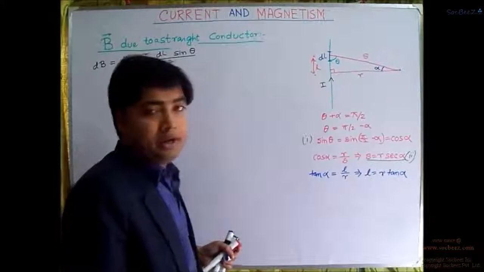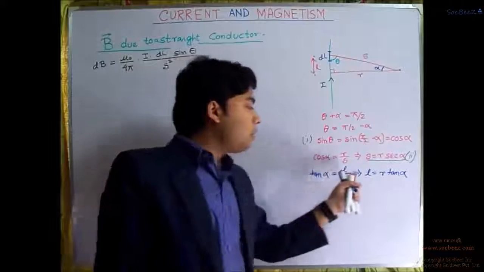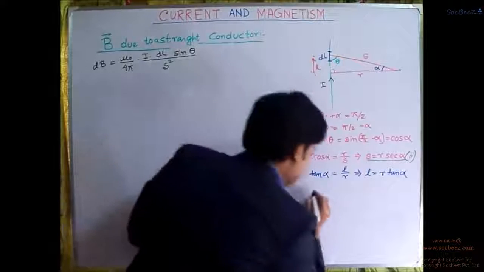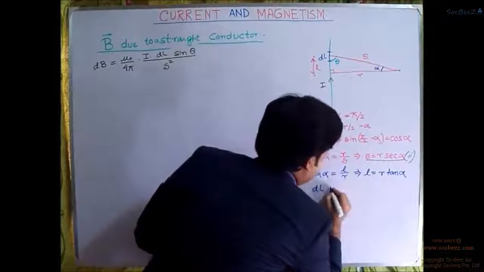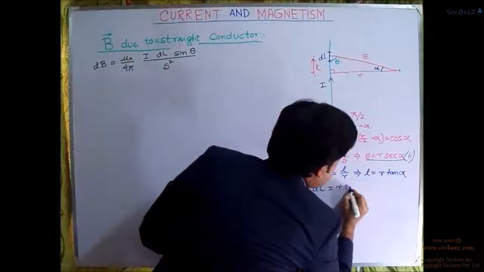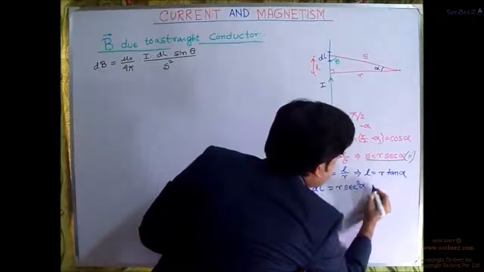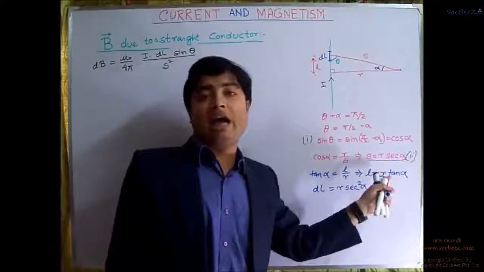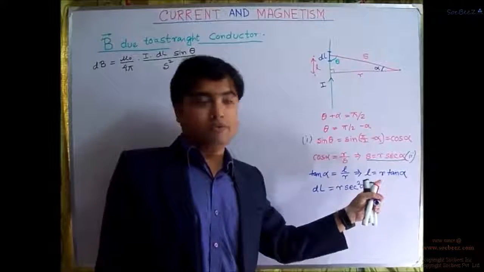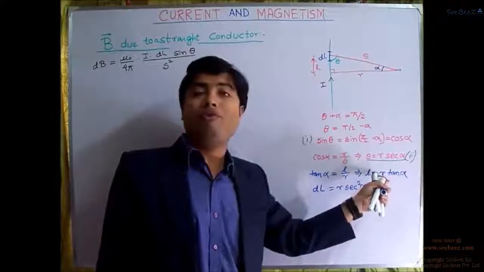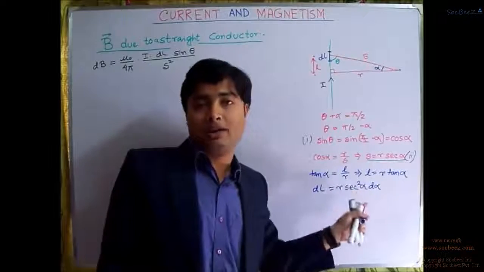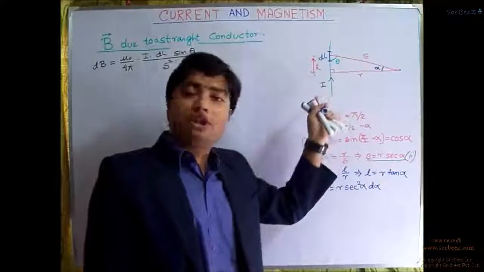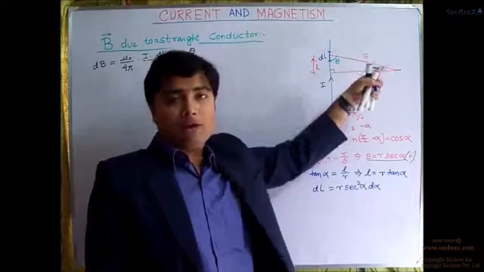And now if we differentiate this L with respect to alpha, we are sure to get dL equals R sec square alpha d alpha, because, as we know from the laws of differentiation, the differentiation of tan theta equals sec square theta, and R is a constant over here, because this R won't change with the change of alpha, right?